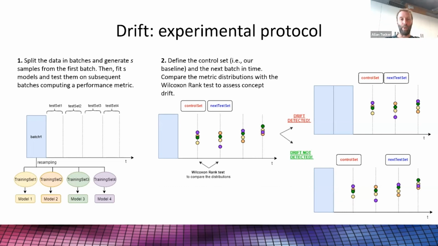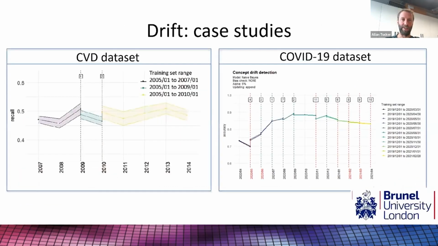Applying this simple protocol does highlight some nice things on real data. On the left here, we applied it to cardiovascular disease data that was released annually, and you can see that it's relatively stable. We highlight two major drifts that are significant here, 2009 and 10, and they're the only ones. It seems this could be to do with new guidance on statins that was released.